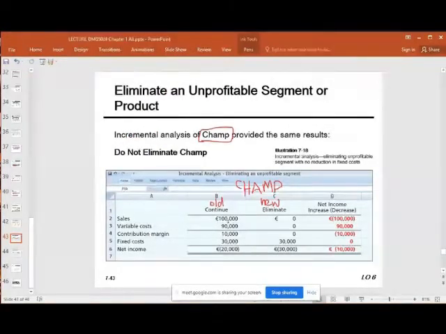So if we compare, do you see sales decrease? So net income decrease, negative number. Variable cost, this is cost. So cost decrease, net income increase. Contribution margin is like income.